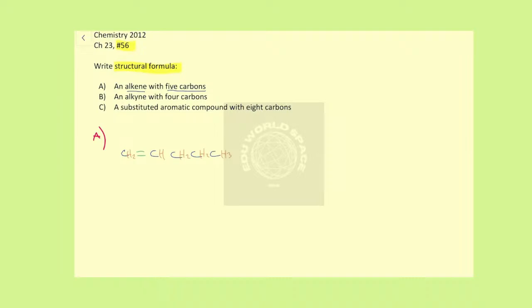Yes. I have 6 from the aromatic ring, and 2 from the ethyl group. So it satisfies all the requirements for part C. Again, all of these structures are just what I came up with. They do have isomers that are also correct.